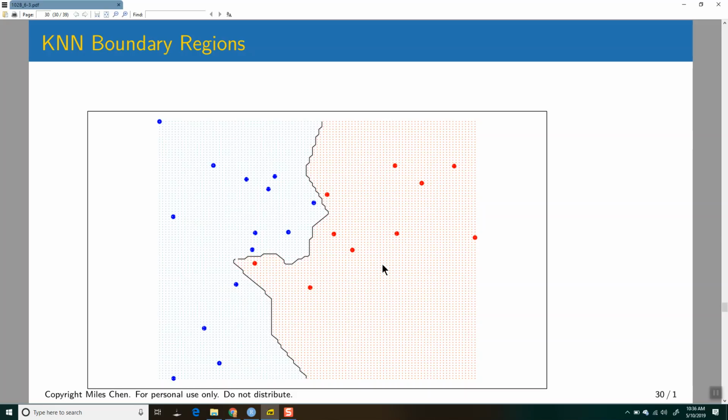It looks like shading and coloring, but they're actually just tiny dots, and it calculated the KNN classification, colored them red or blue, and then drew a line to connect all the spots where the dots are 0.5, okay?